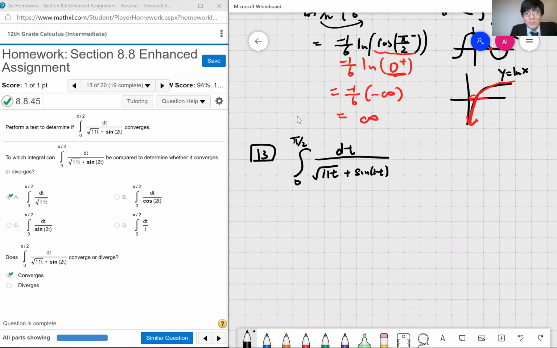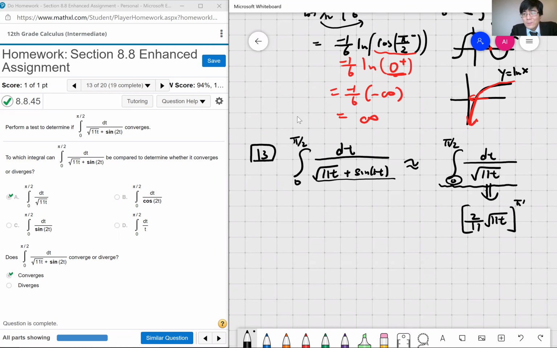Something similar to this function is this, which is easy to integrate. When you integrate this one, you have to take a limit later, but it's going to be 2 over 11 square root of 11t.